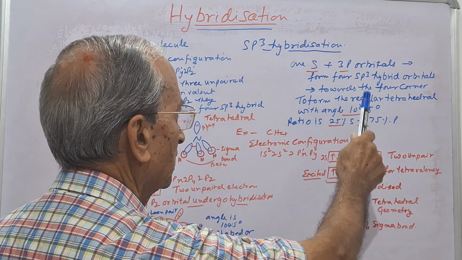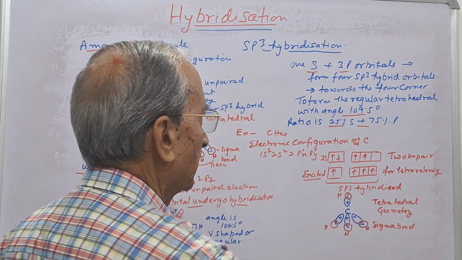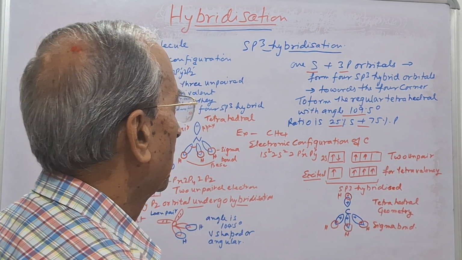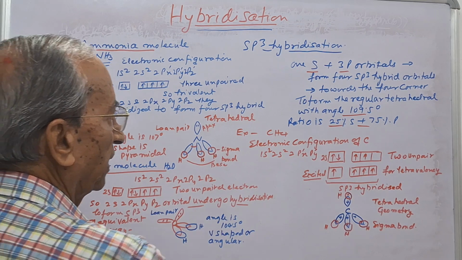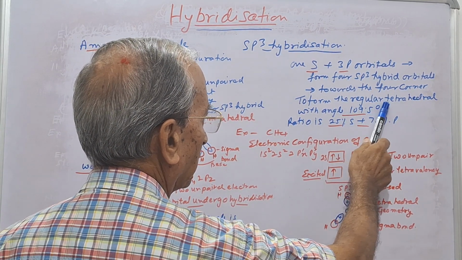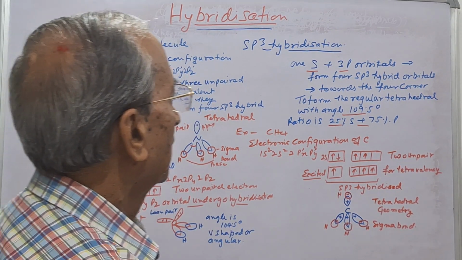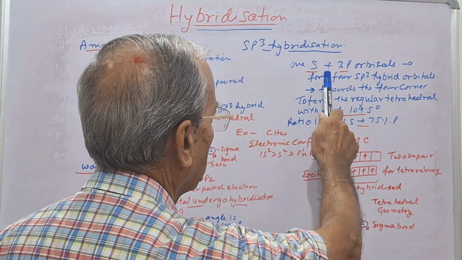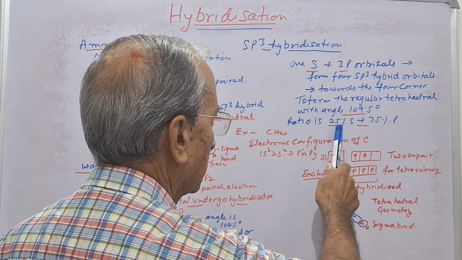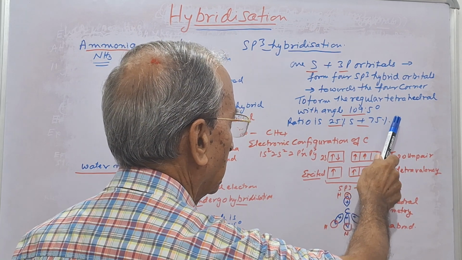They hybridize to form four sp3 hybrid orbitals of equal energy, and they are at the four corners of a regular tetrahedron, and the ratio is 25% s character and 75% p character.